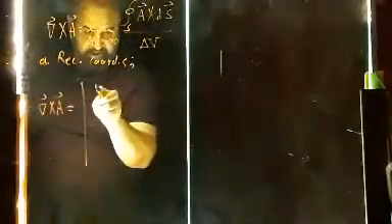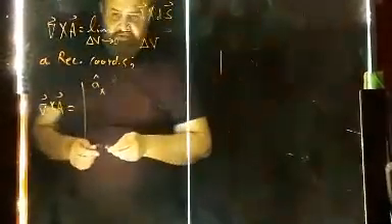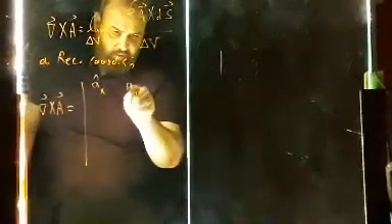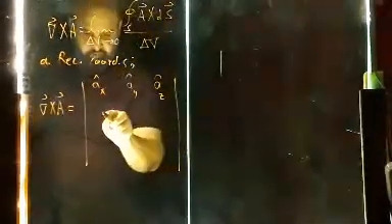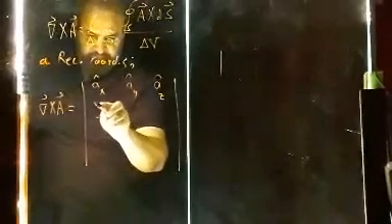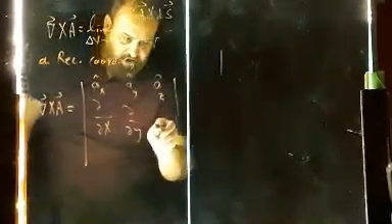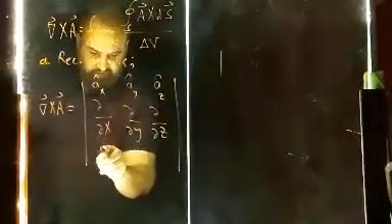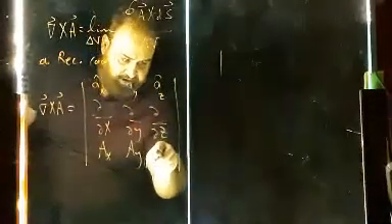I will write A sub x hat, another symbol for the unit vector, and A y hat, A z hat, for the first row. Then partial x, partial y, partial z, and for the vector field it's A sub x, A sub y, and A sub z.